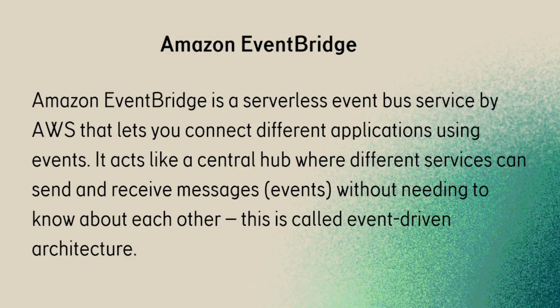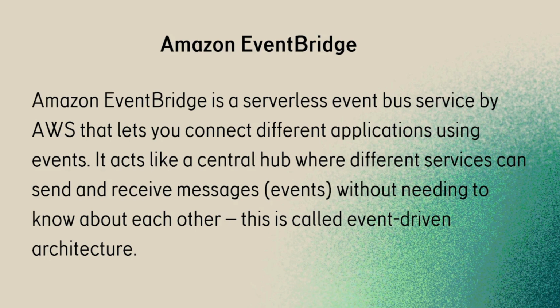Now let's understand what is Amazon EventBridge. Amazon EventBridge is a serverless event bus service by AWS that lets you connect different applications using events. It acts like a central hub where different services can send and receive messages without needing to know about each other. And this is called event-driven architecture.